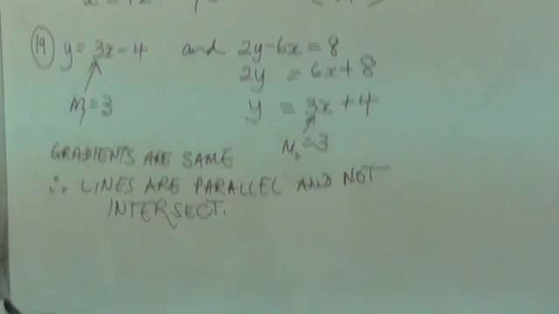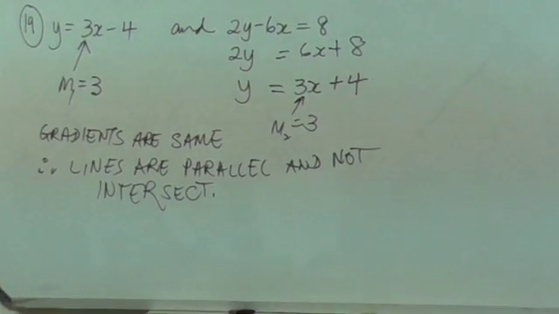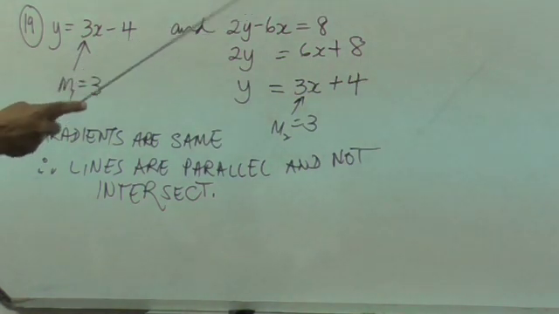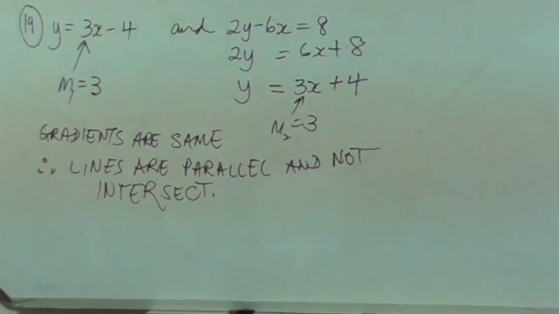Alright, so that was number 18 and 19. Just before we conclude, remember, for number 18, if two graphs are intersecting and you want to find the point of intersection, you must solve simultaneously.